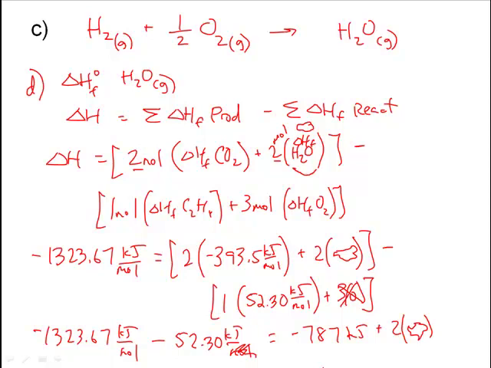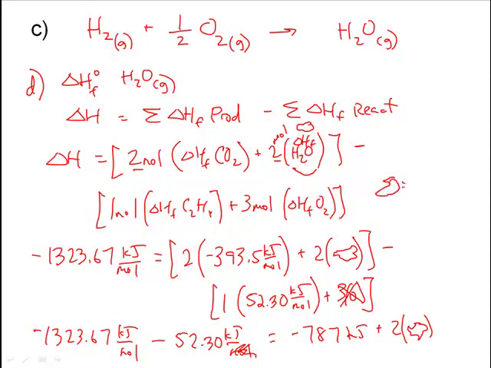So, negative 1323.67 minus 52.30 plus 787, divided by 2. And if you do this right, you get a number for chicken.